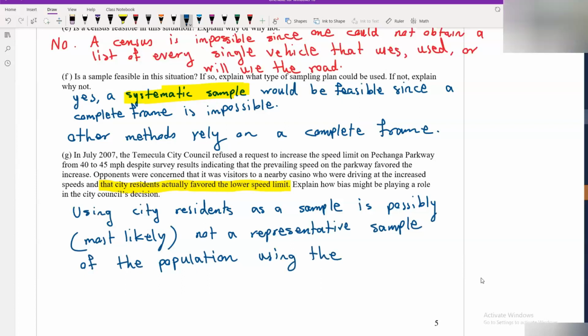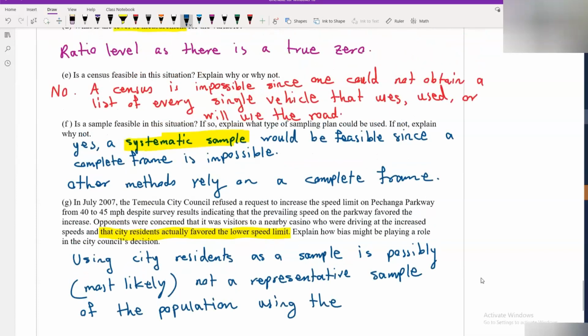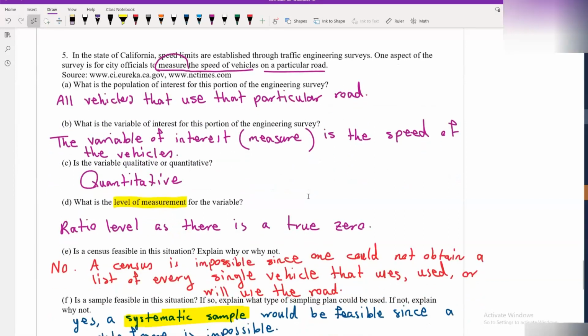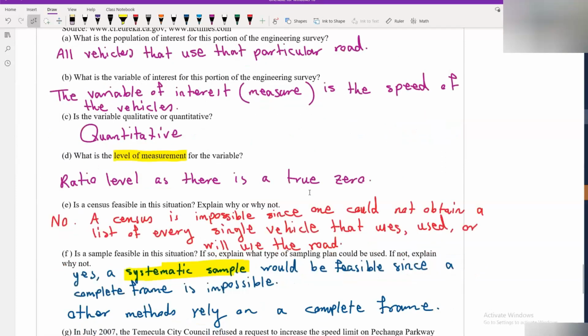This one is related to this part here, using this particular road. We try to measure the speed of vehicles on that particular road, and they want to make a decision if they should increase the speed limit or not.